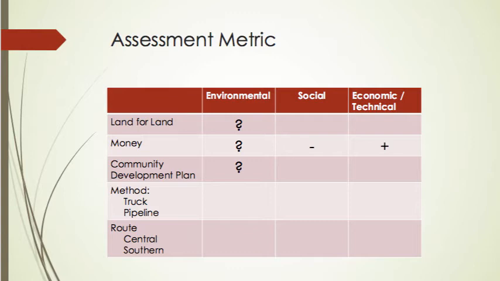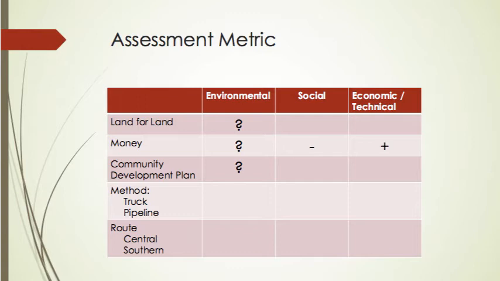Think about that. They are not a money-based economy, and they have lived exclusively on this land, so there are some social positives with giving them land rather than giving them money. So there is less social risk providing them land for land than with providing them money for land.